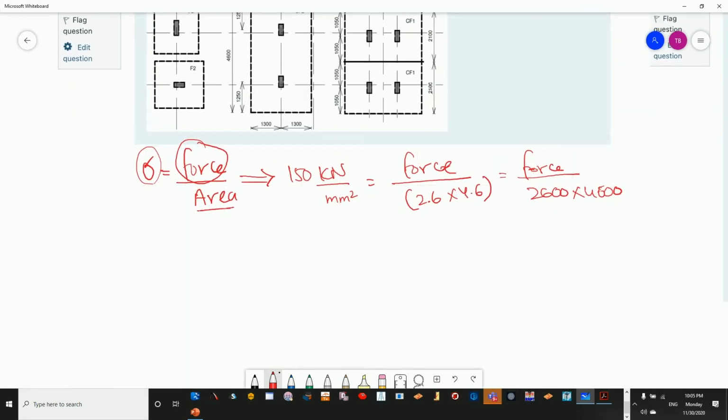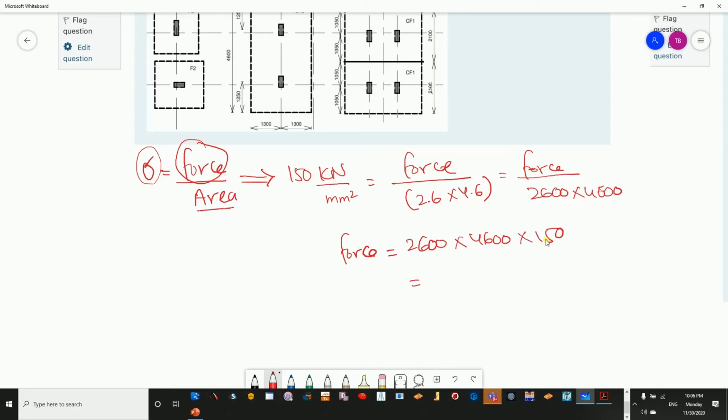Now cross multiplication. If we do cross multiplication, we will know that our force is going to be equal to 2.6 multiplied by 4.6, or let's say 2600 multiplied by 4600, multiplied by 150.